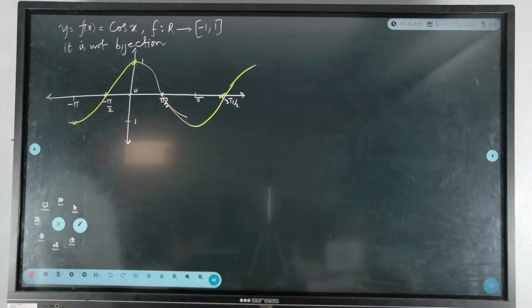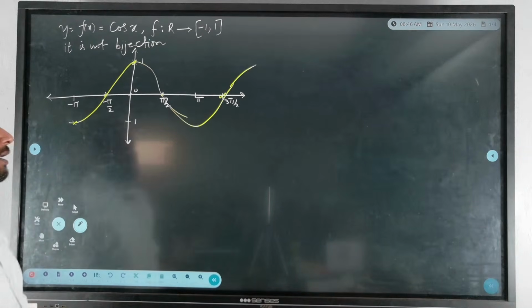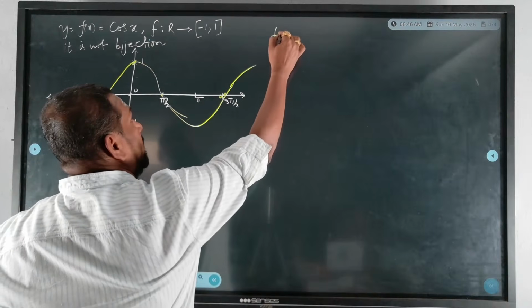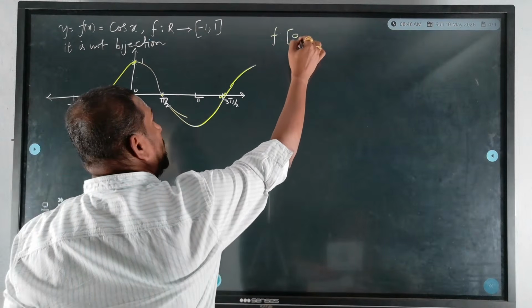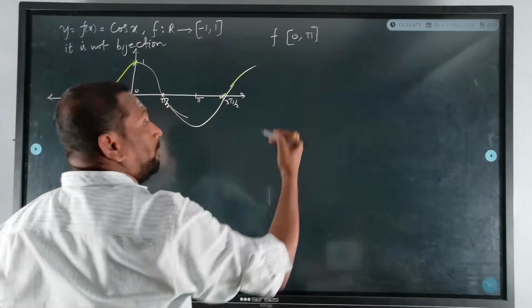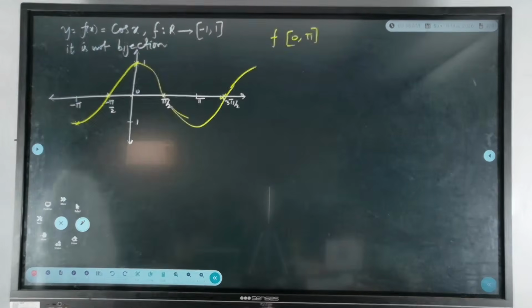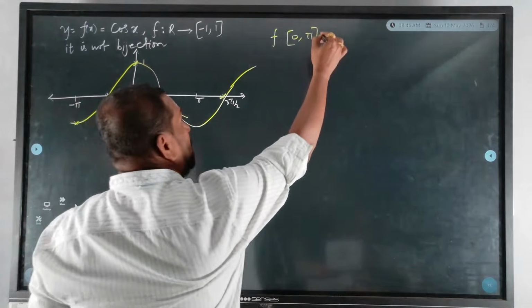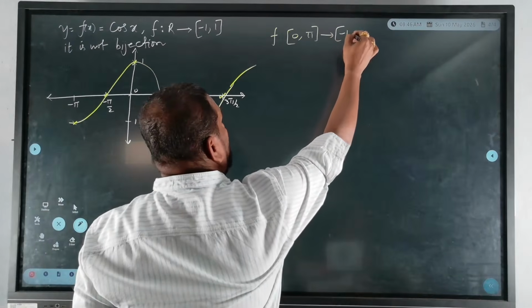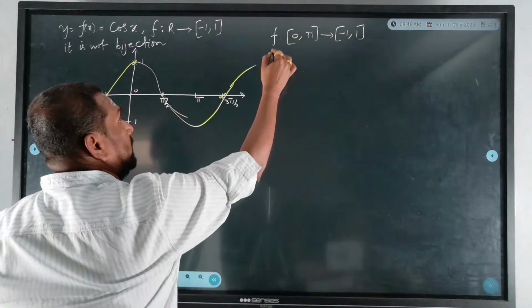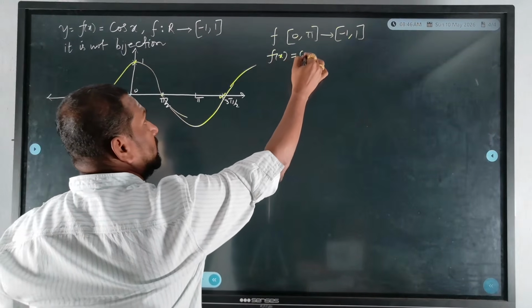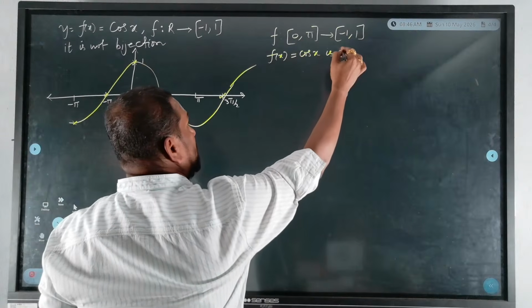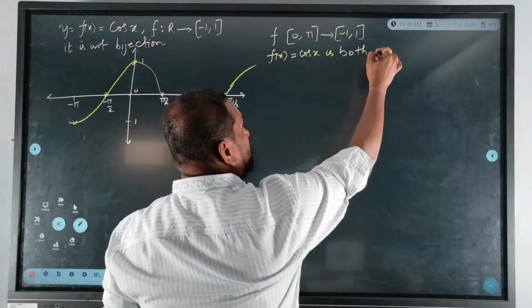So now, in this case, from where to where do we have to restrict the domain? Then it becomes onto. So f maps from 0 to pi. In this interval, the range is the common minus 1 to 1. F of x is equal to cos x is both one-one and onto.